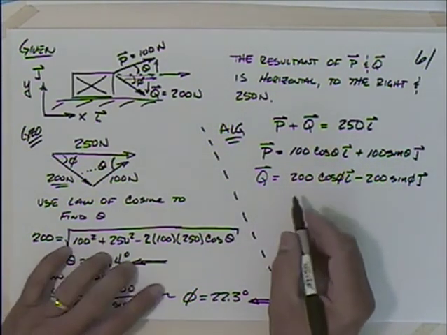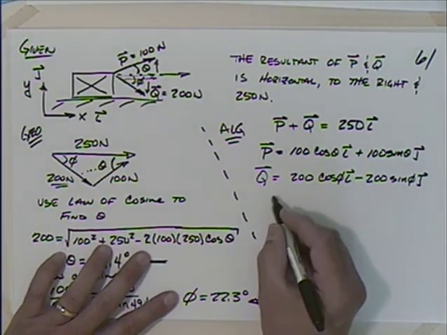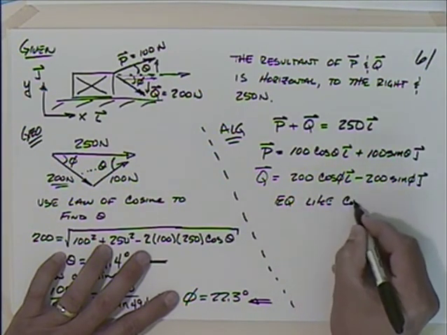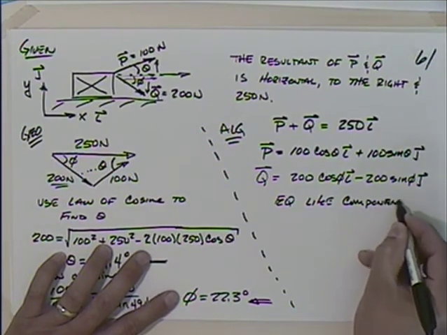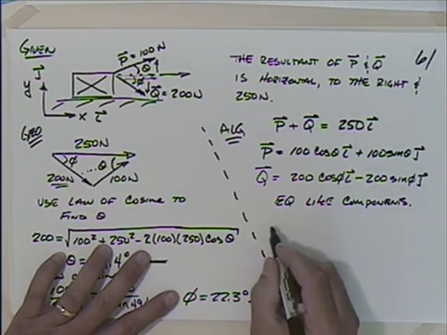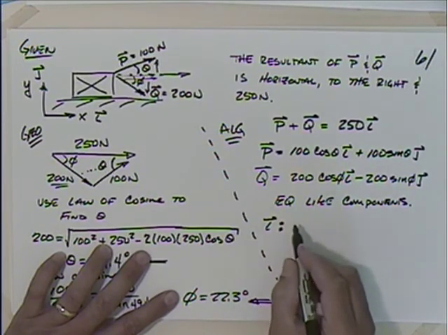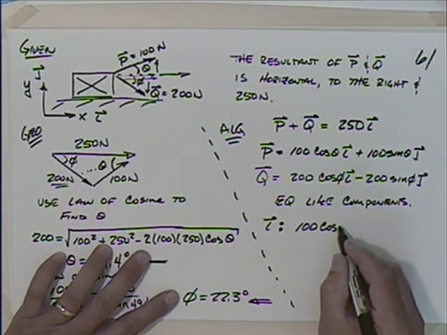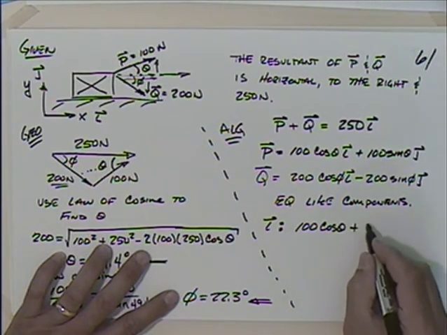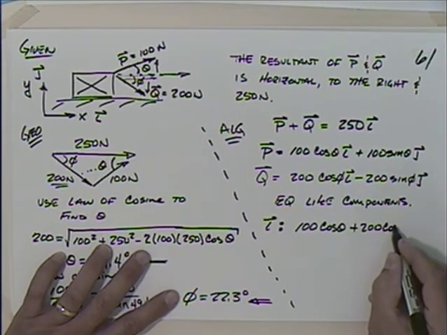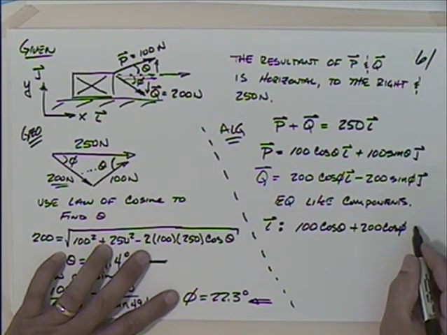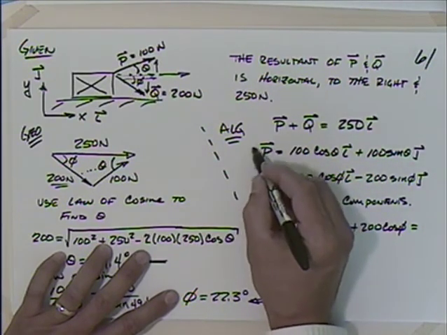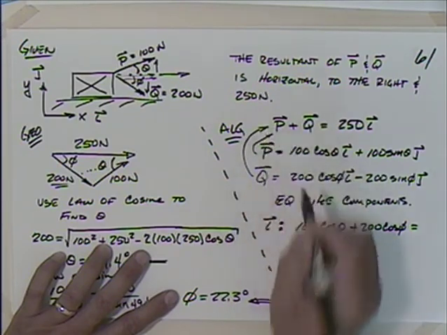So, if I equate i's and j's then, so equating like components, so for i, what am I going to come up with? 100 cosine theta plus 200 cosine phi is equal to what? 100 cosine theta, because I'm really just substituting these into that expression there.